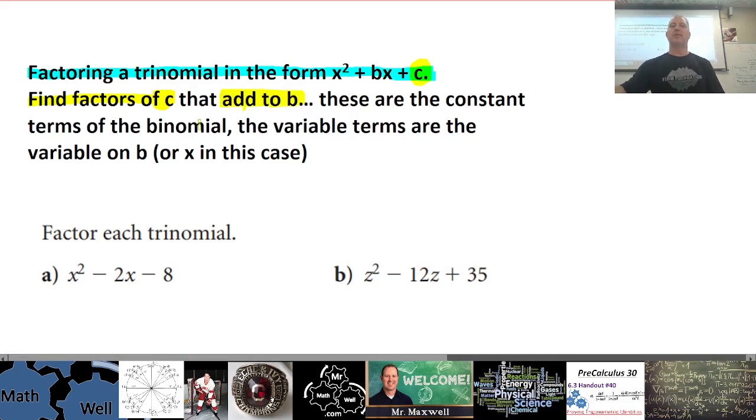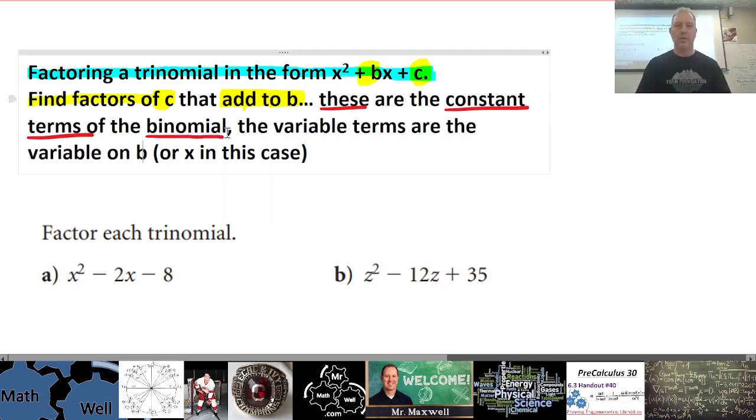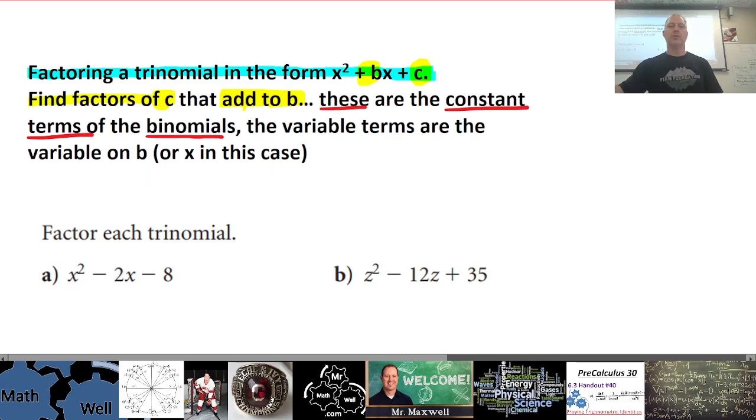The same two factors multiply to c and add to b. These will be the constant terms of your binomials. And the variable in the binomials will be just the variable that's on the b, or just x in this case.